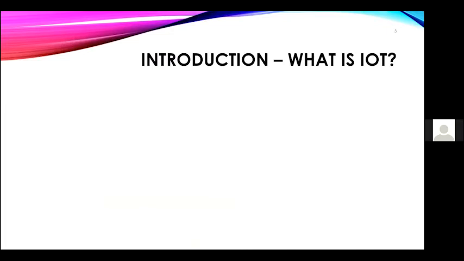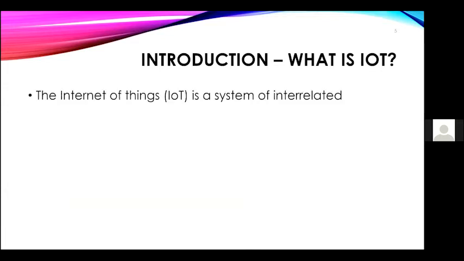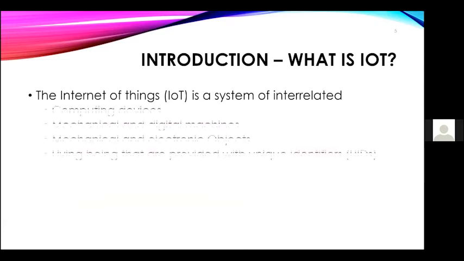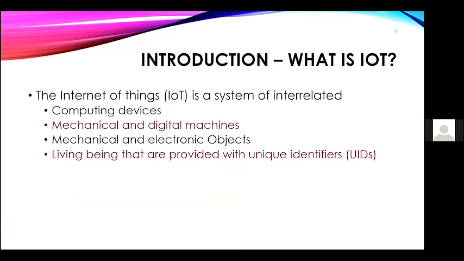So firstly, the introduction, which will mainly tell you what IoT is. IoT is a system of interrelated computing devices, mechanical and digital machines, mechanical and electronic objects, even living beings that are provided with unique identifiers and can be connected through the Internet of Things.